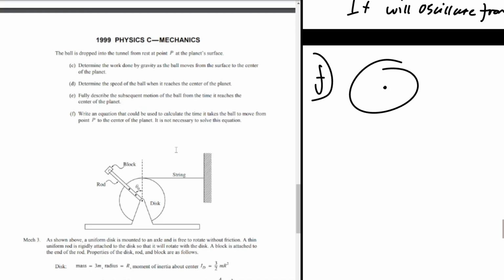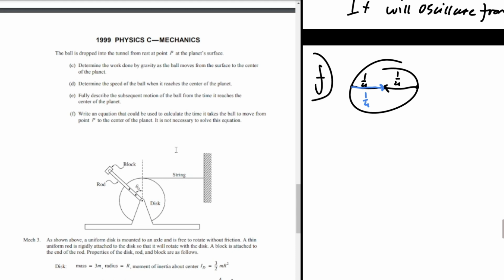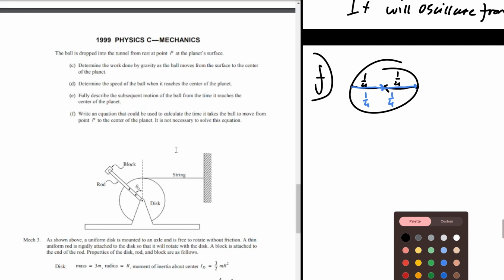The time it takes to move from point P to the center is one quarter of an entire period. It will go here, that's one fourth, and here, another fourth, but now it'll come back. Here's another fourth, and that's another fourth. That's one entire period, one full cycle.